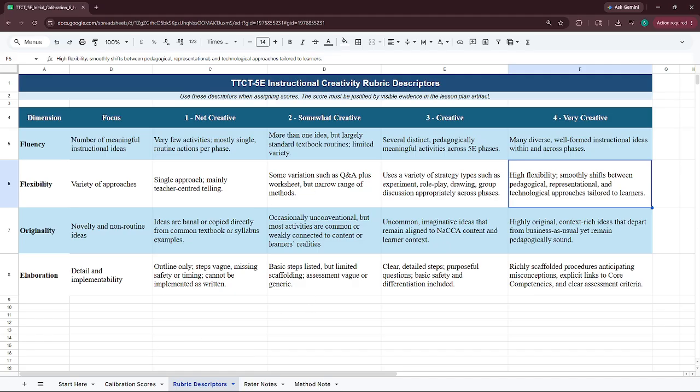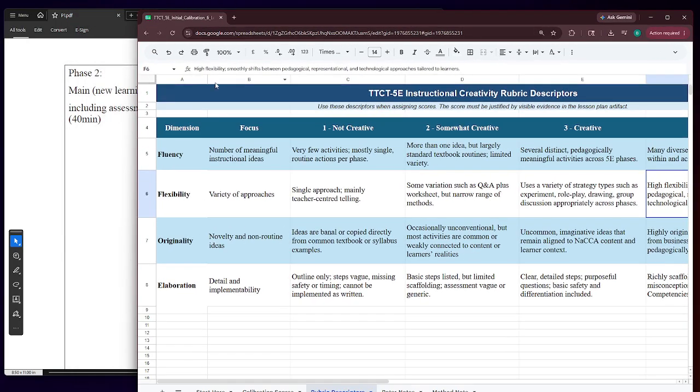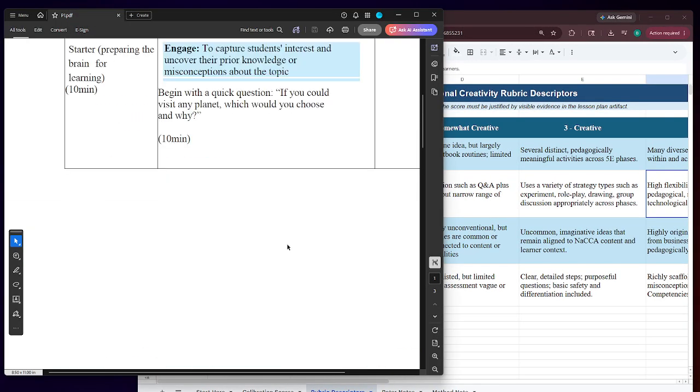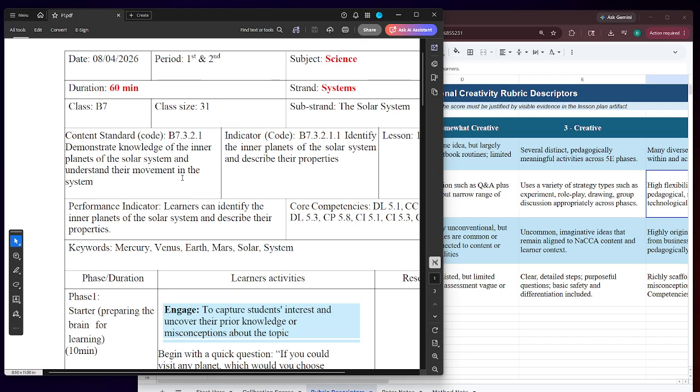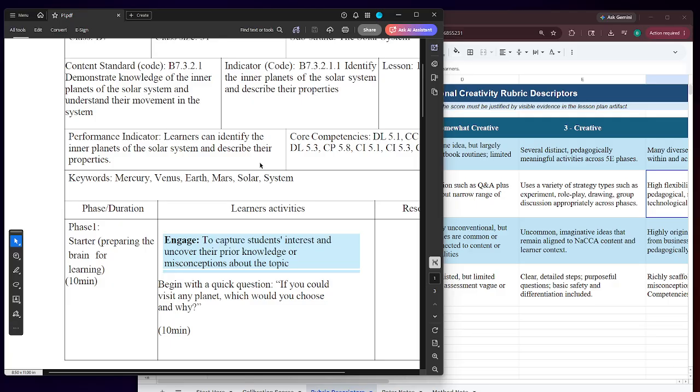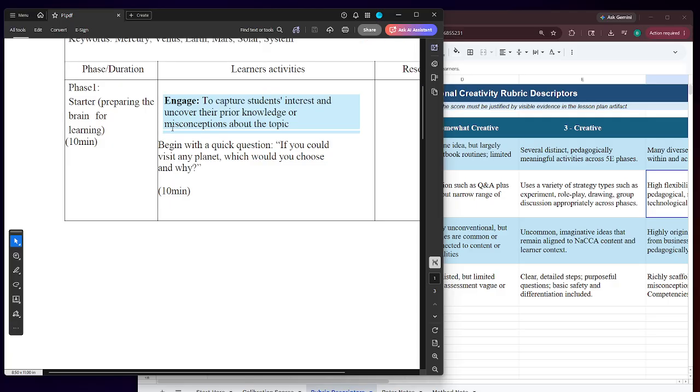So let's check. So we have to keep in mind it should be in sync with the content standard, especially with the class size, the class level, and then the performance indicator set by the teacher.